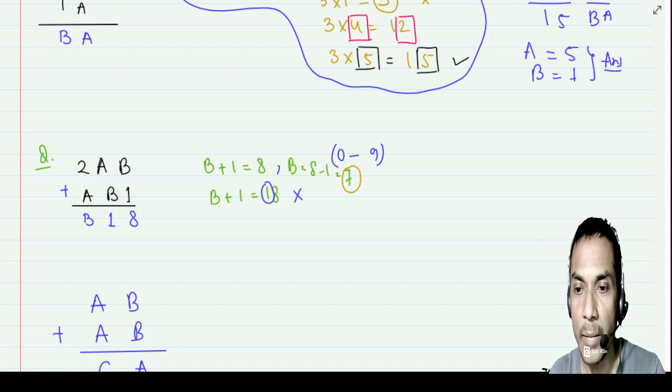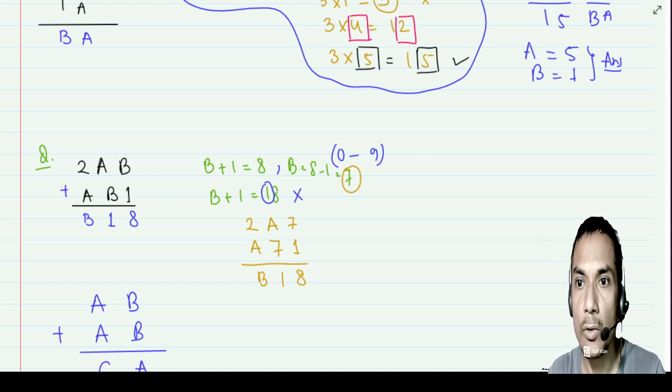What remains, you keep as it is, that is 2, A, and B is 7, and here also A, B is 7, so put the value of B here too, and 1, and now it is B plus 1 equals 8.